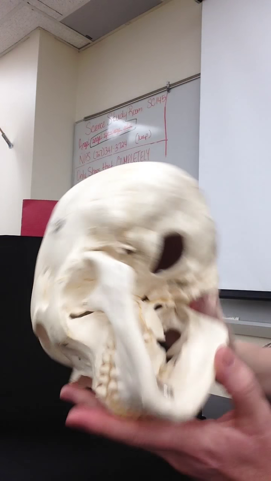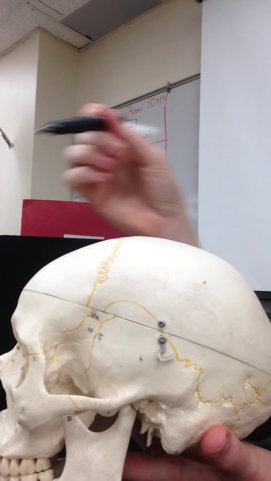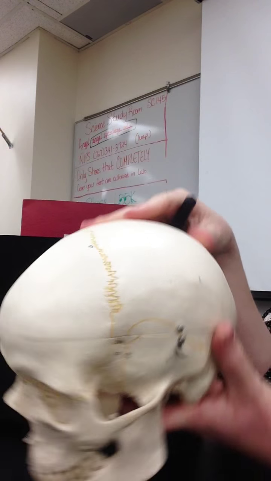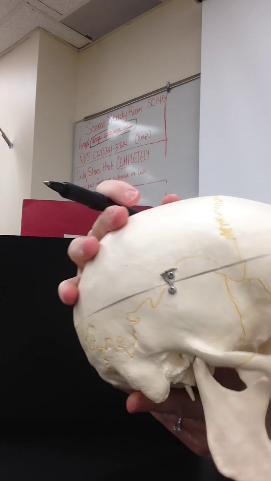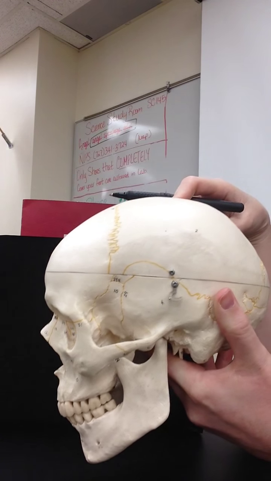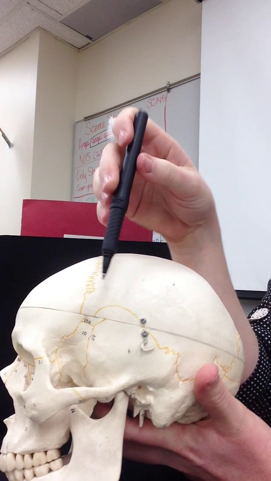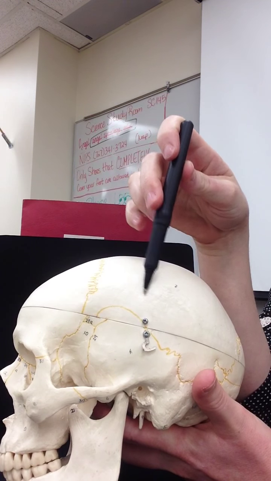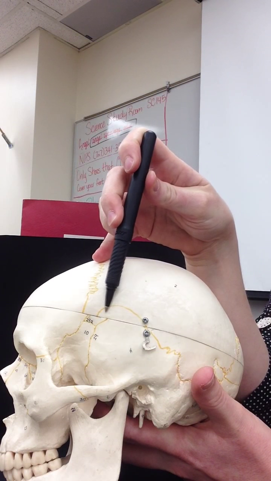Moving on, we have our temporal bone. Your temporal bone is on the side here. Along with the parietals, your temporals are paired, so there's one on the right and one on the left. The suture that shows the fusion of the temporal with the parietal on either side is known as the squamous suture.